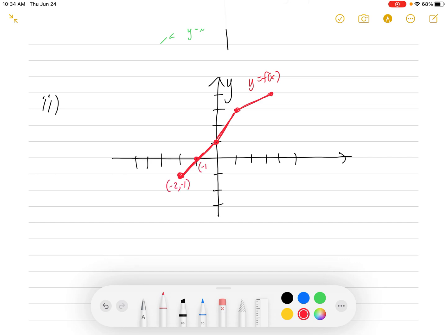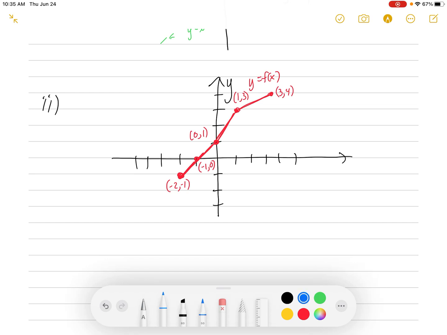It has these little pieces to it. And let's talk about what points are here. This is the point -2, -1. This is the point -1, 0. This is the point 0, 1. This is the point 1, 3. And this is the point 3, 4.